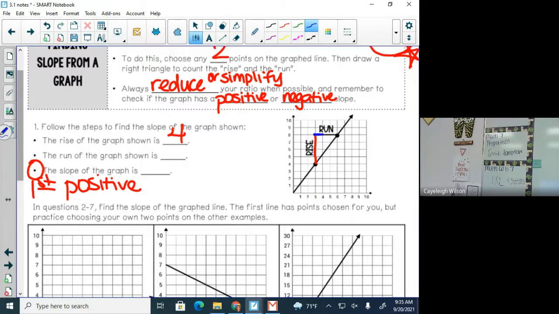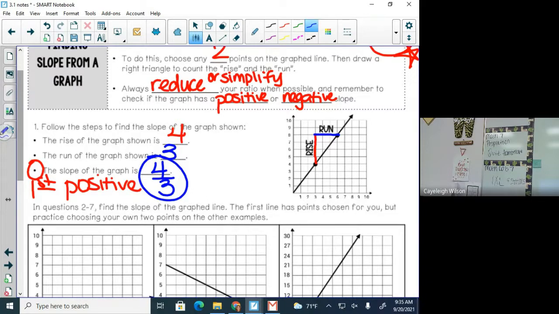So this is 1, 2, 3. So the rise of the line was 4, the run of the line was 3, and I write that answer as a fraction, as rise over run. So 4 over 3. Can I reduce 4 over 3? No. The answer is 4/3.